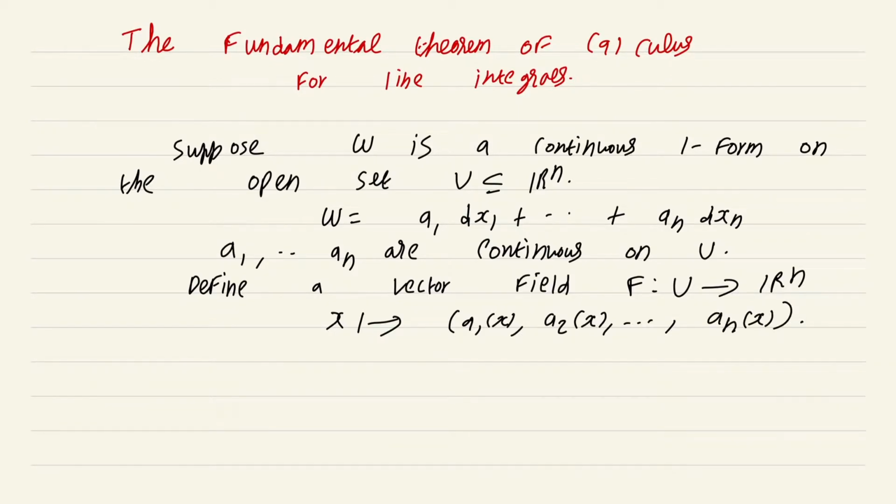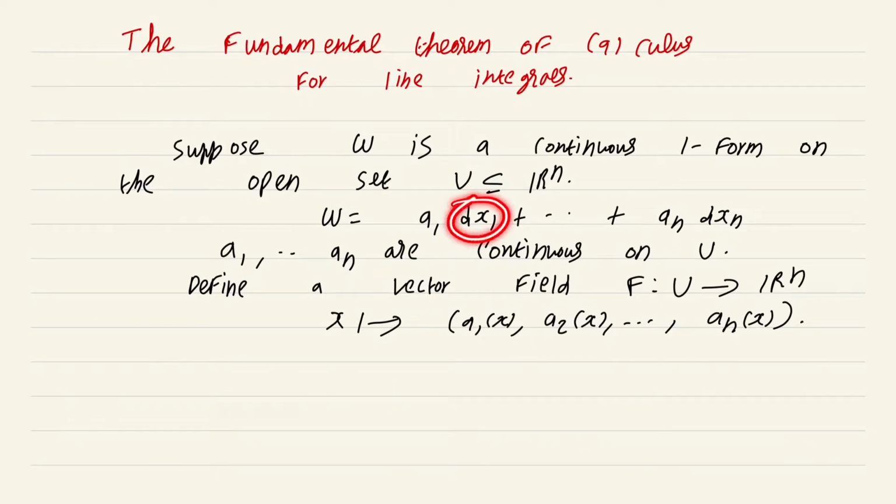So I do the stupidest thing possible. I get n functions from the definition of a differential one form. I take all of these together and throw it inside an n-tuple, and I call it a day and define the vector field f. The reason why this is not a canonical definition is that this representation of omega as a1 dx1 plus ... plus an dxn relied on choosing a basis for Rn to be the standard basis.